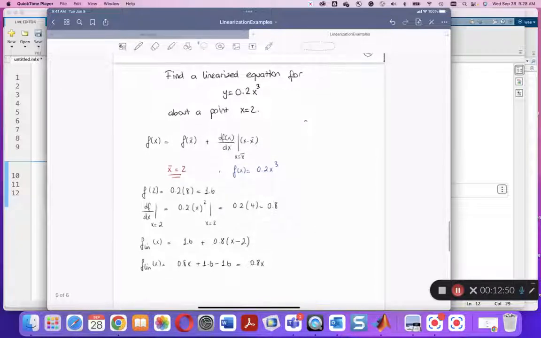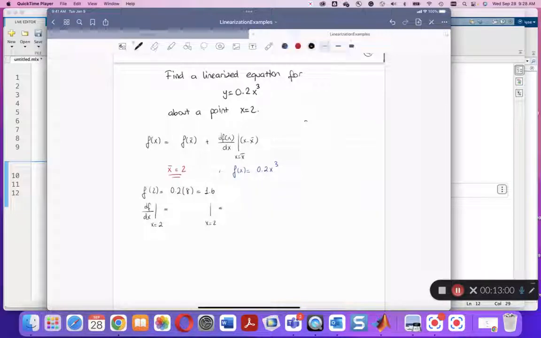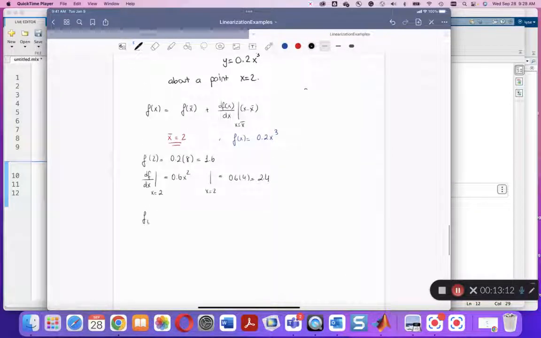So here is your f of x bar, and then once you take the derivative, it's not 0.2 x squared. There's a big mistake that I made. That's why it's really good to compare your results with Matlab just in case you miss it. When you take the derivative, it should be 0.6 x squared. So I have 0.6 times 4, which is 2.4. Then the linearized equation will be, guys, 1.6 plus 2.4 times x minus 2.